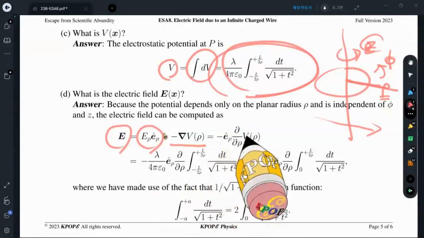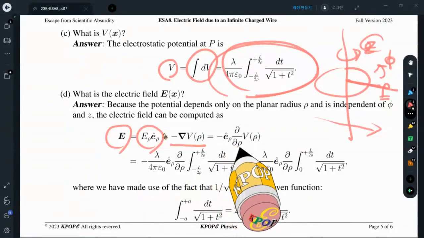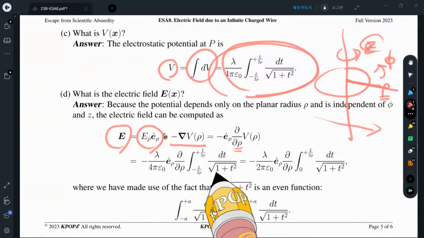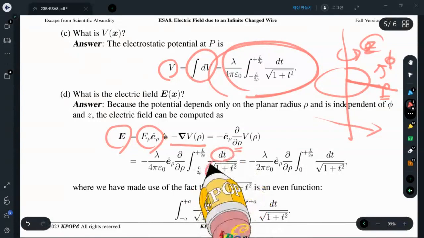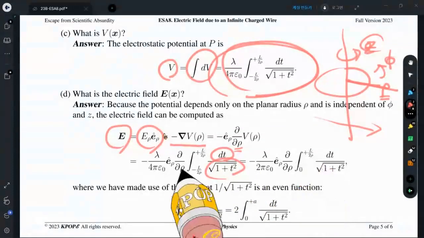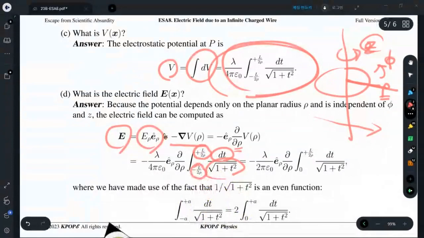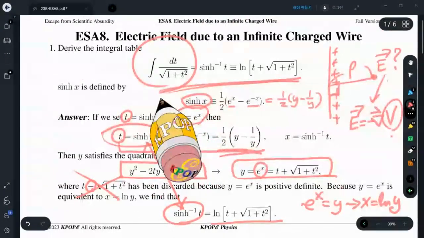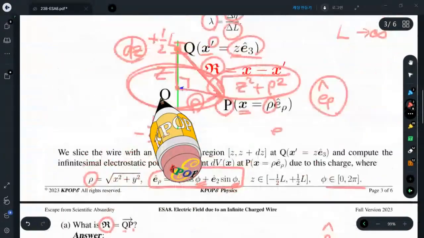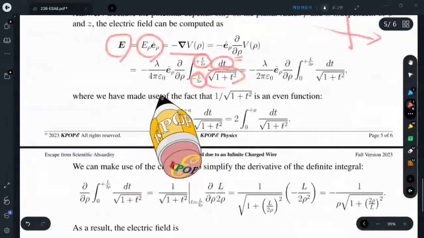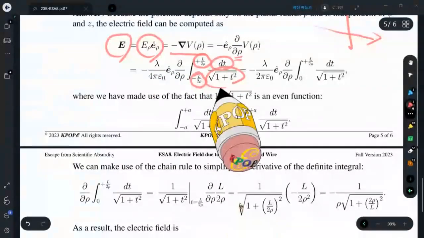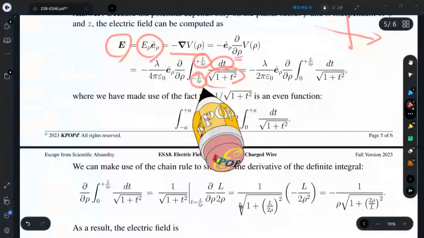All right, in this expression I need to take the derivative with respect to rho. However, my function is integrated out, and the rho dependence appears in the upper and lower limits. Aha! If so, we can make use of the previous result on ESA7. But before doing further, I can simplify this integral.